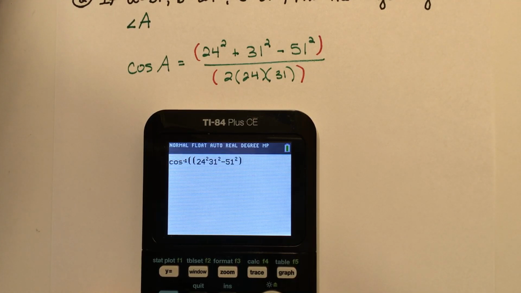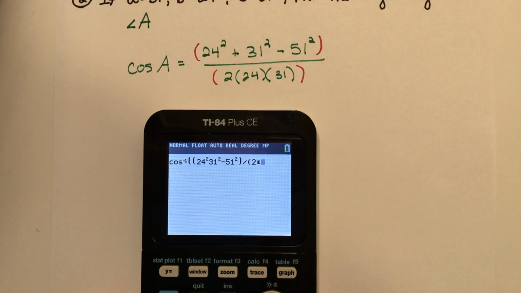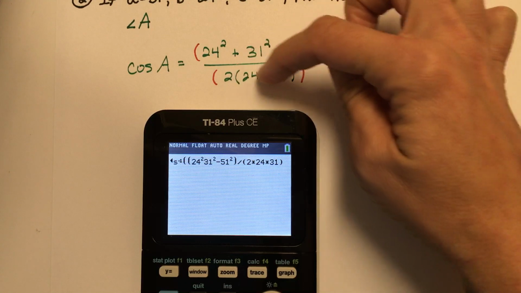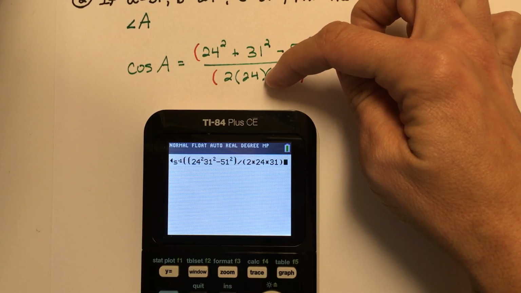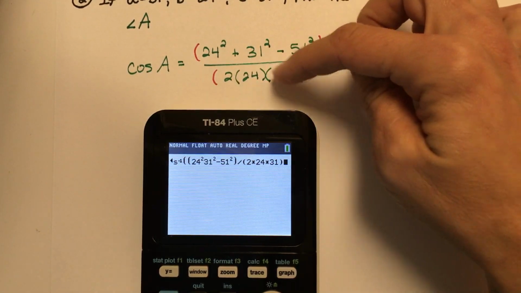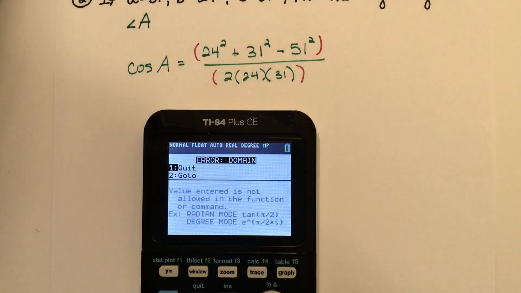Okay, close that. Divided by, now open up another set that's going to go around your denominator. You have 2 times 24 times 31. Even though I use parentheses here to show my multiplication, I would suggest when you put it in your calculator not to use the parentheses here. I would just hit the multiplication. And then you've got the parentheses that go around the whole fraction. That's what you've got to remember to do when you put this one in your calculator.